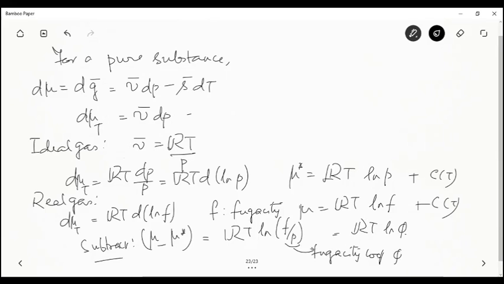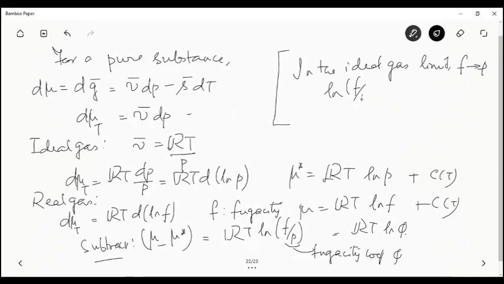In the ideal gas limit, this log of f by P should go to 0, so f should become P. In the ideal gas limit, f tends to P, and therefore log of f by P becomes log of 1, which is 0.